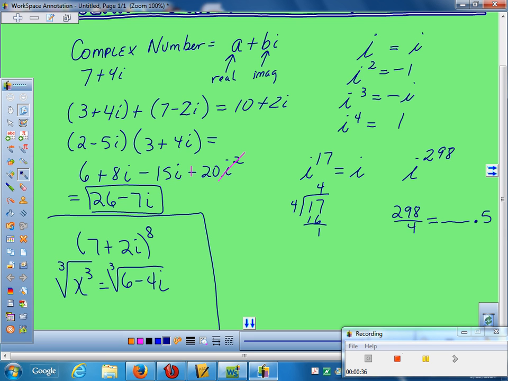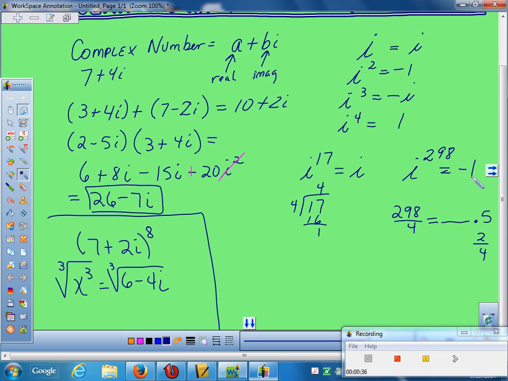Half would be 2 out of 4, so that means the remainder was 2. It's the same thing as i squared, so i to the 298 is just -1.